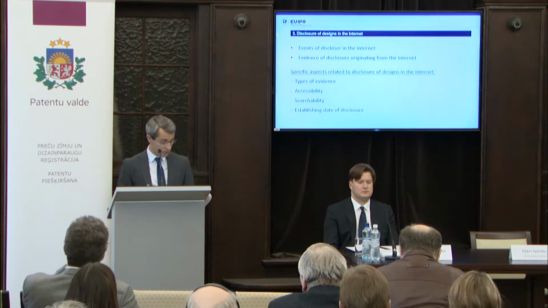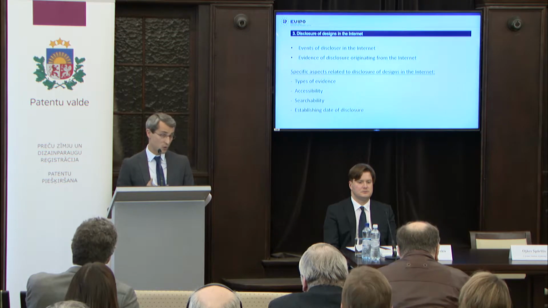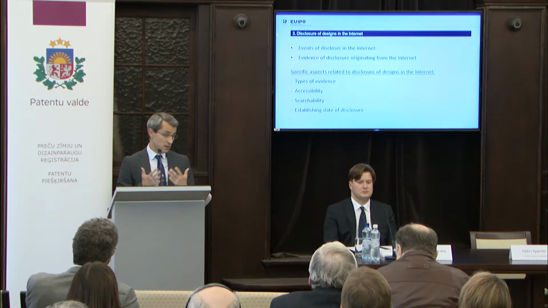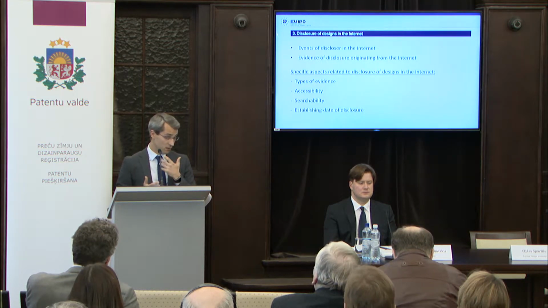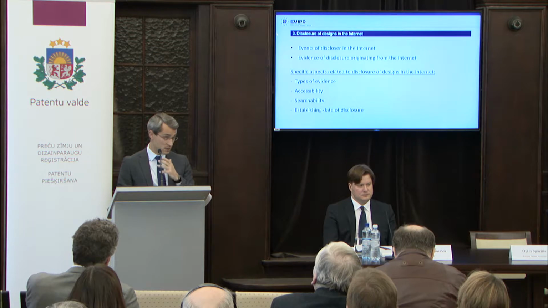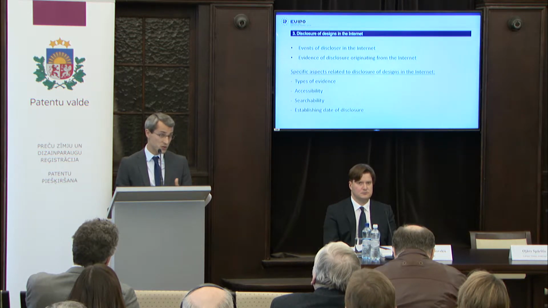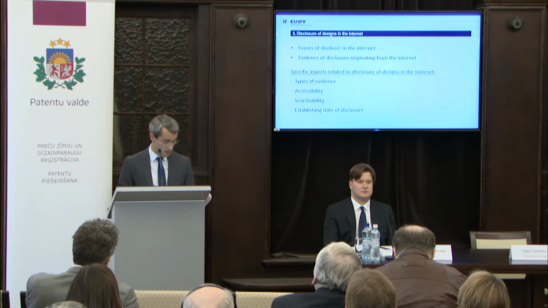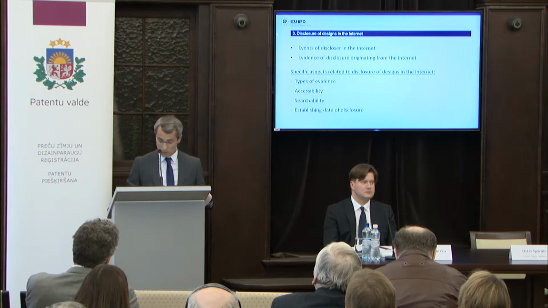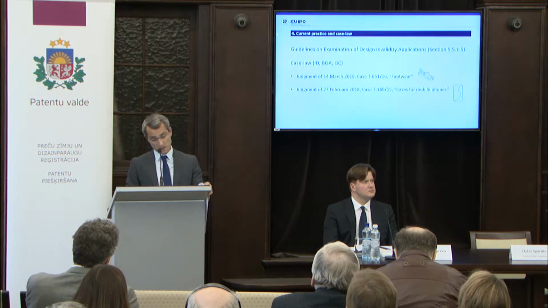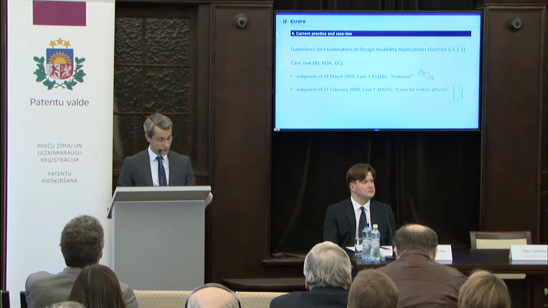Also the accessibility of information, searchability, because, for example, the holder of the design might claim that the information on the internet was somewhere hidden in the web page, and therefore it was not accessible to the public, and therefore no one could possibly have known about such a disclosure. Also, how to establish the date of disclosure, because you always have to prove that disclosure happened in the past. So these are the issues that I will address in the presentation further on.